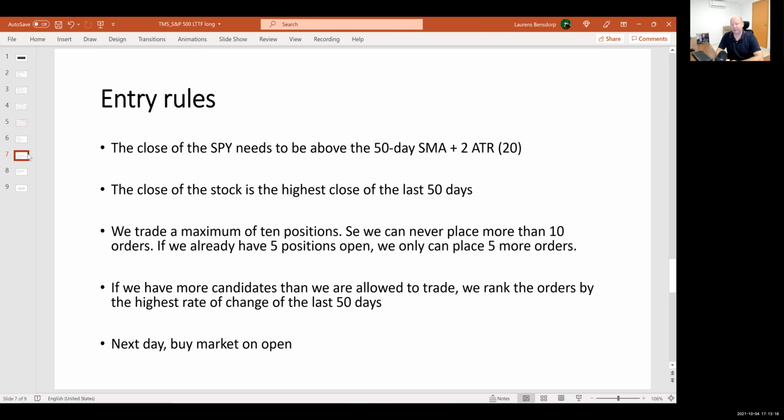Let's say that we can only trade 10 stocks, but we have 50 candidates. So we need to prioritize then, and we say, okay, we trade then the 10 stocks that had the highest percentile increase over the last 50 days. Then we have that list of stocks. And then the next day we buy market on open.